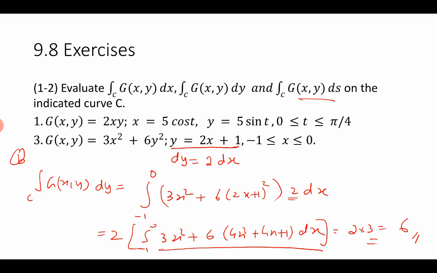The relation when it is given as y, ds is square root of 1 plus y dash square dx, isn't it? So what is y dash here? Y is 2x plus 1, so y dash, the differentiation with respect to x, is 2.